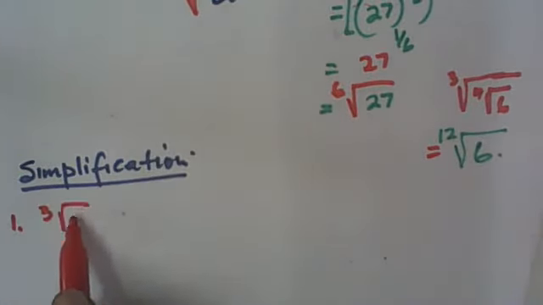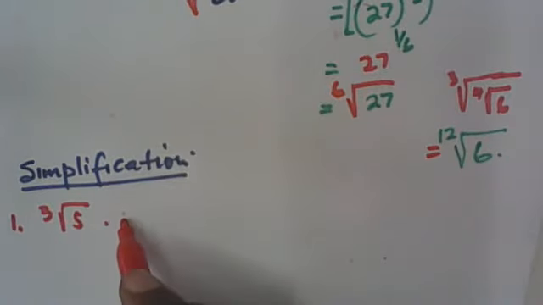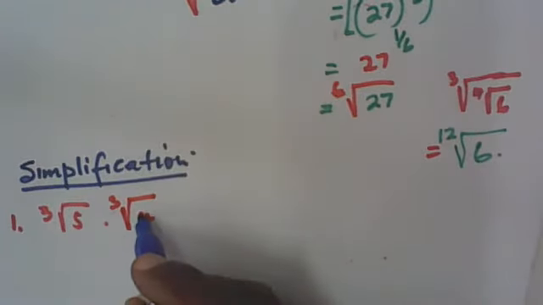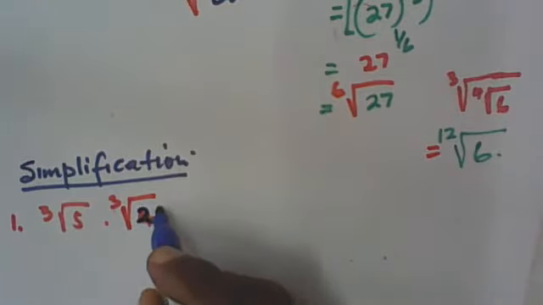The cube root of 5 multiplied by the cube root of 25. Let's make it 25.